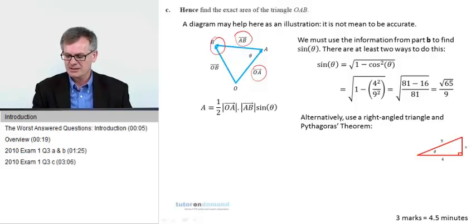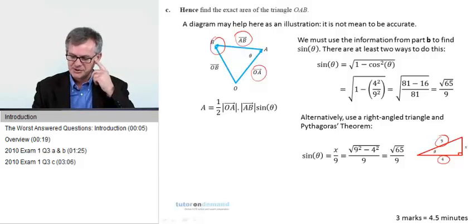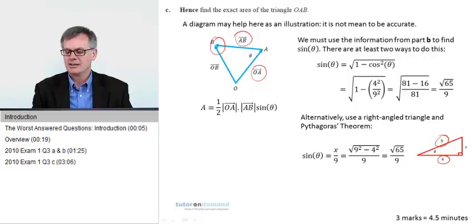And you can see here that we're given that we have the adjacent is 4, we've got the hypotenuse as 9, so it's not too difficult to work out that sine is going to be opposite over hypotenuse, and in that case we just use Pythagoras to work out that it's root 65/9 as well.